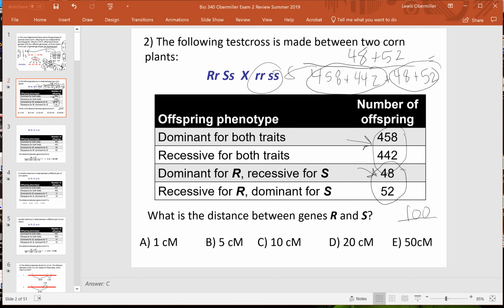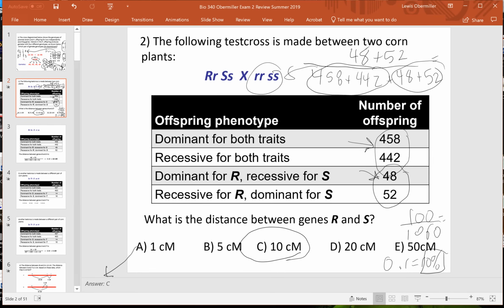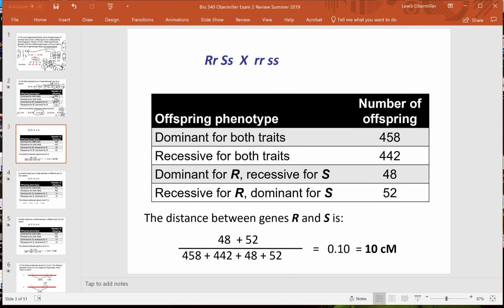I'm guessing that that's going to be 900 since that's how I usually set these up. Yeah. So that's 100 divided by 1,000, which is 0.1, which is 10%. And remember, the percent we just convert to centimorgans. So the answer is 10 centimorgans, which is C. All right. And then that just shows how we did that.